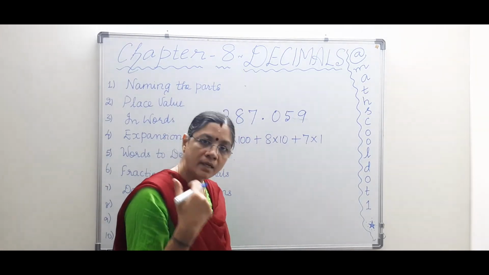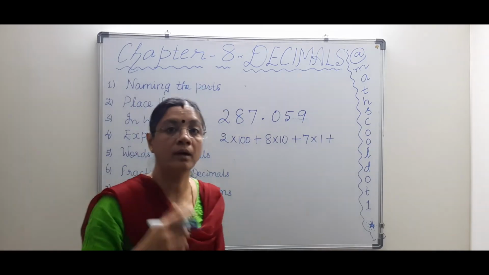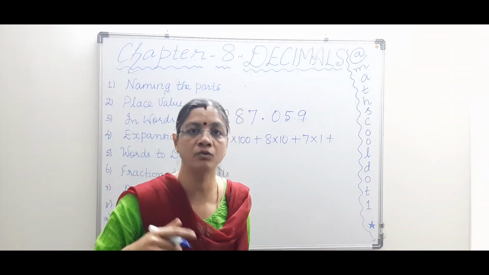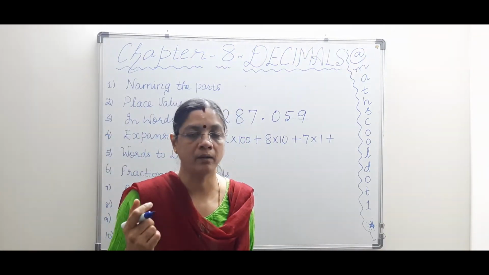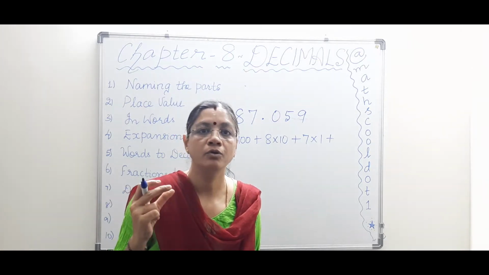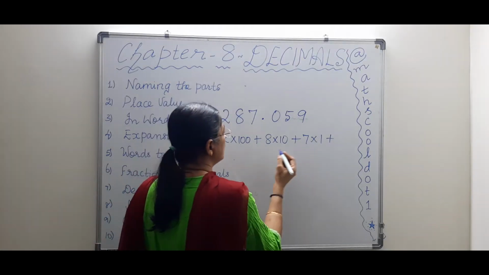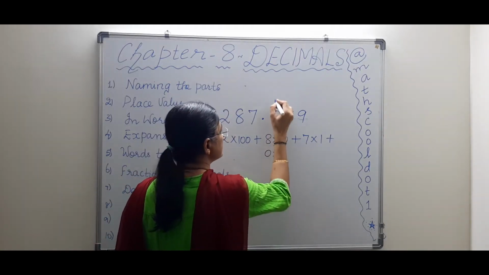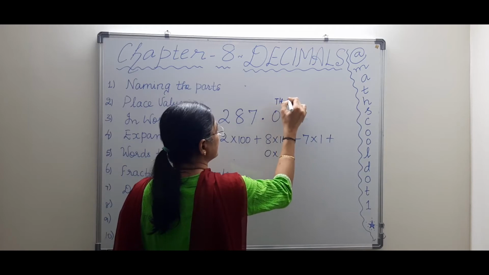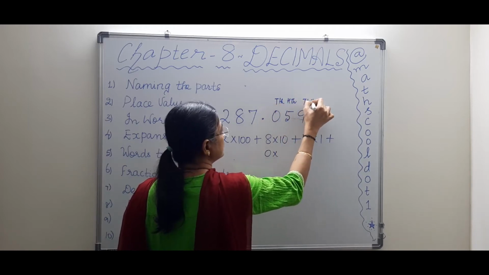Then now comes the decimal part, right? So how do I expand? Now when you expand, you just remember the fraction part. What I told you for the 10th place, you can write it as 1 by 10, isn't it? So plus 0 into, this is 10th place, this is 100th place, and this is 1000th place, isn't it?